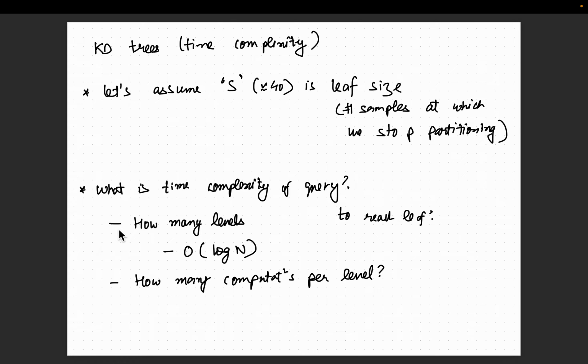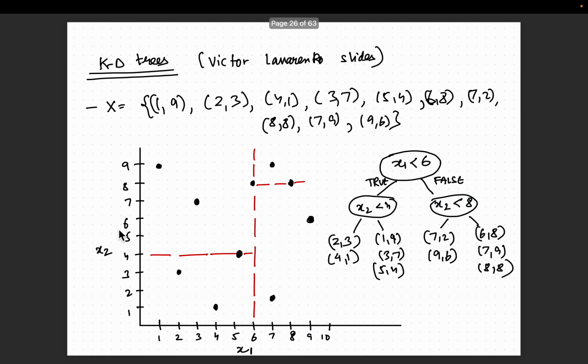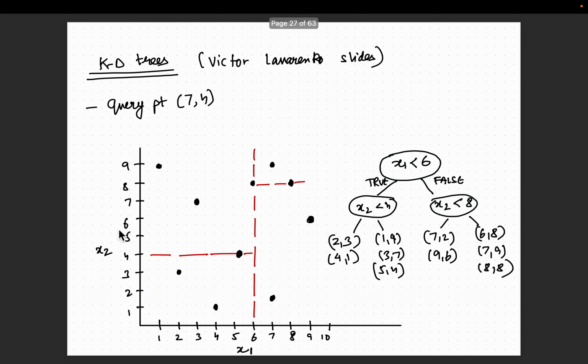How many computations do you require per level? At query time, what happens? Let's go back. If I get a query point 7, 4, the first index I look at is x1. I compare 7 with 6. How many computations did I require? 1. At the next level of the tree, I compare 4 with 8.